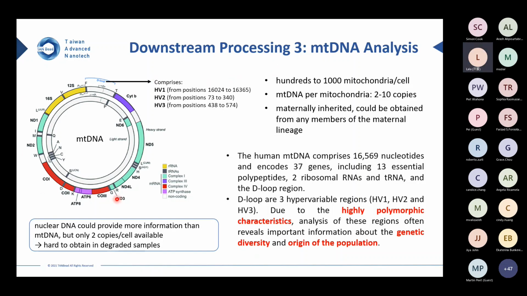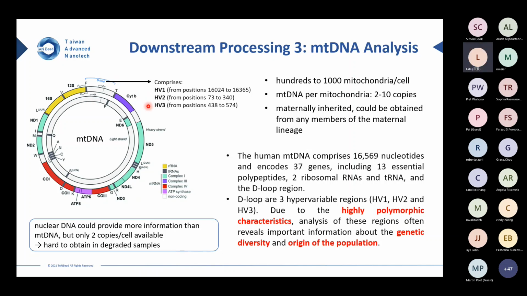Here we are looking at the picture of the mitochondrial DNA. It is comprised of around 16,000 nucleotides and encodes 37 genes, including 13 essential polypeptides, 2 ribosomal RNAs and tRNAs, and the D-loop region. Now the D-loop region here is what we are going to look at because it contains 3 hypervariable regions, termed HV1, 2, and 3.